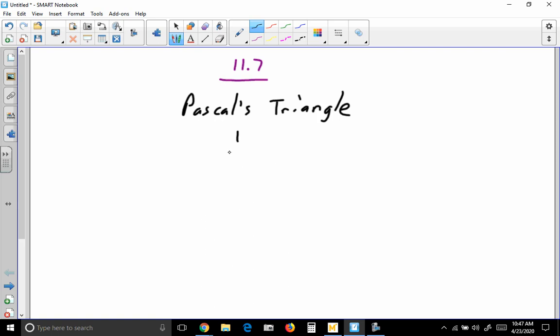It has a 1 at the top, then the next row has 1 and a 1. Then you have 1, 2, 1, then 1, 3, 3, 1. And we'll continue, but before we do, I'm going to show you where the numbers come from. So if we draw a triangle, let's see, let's do this one.